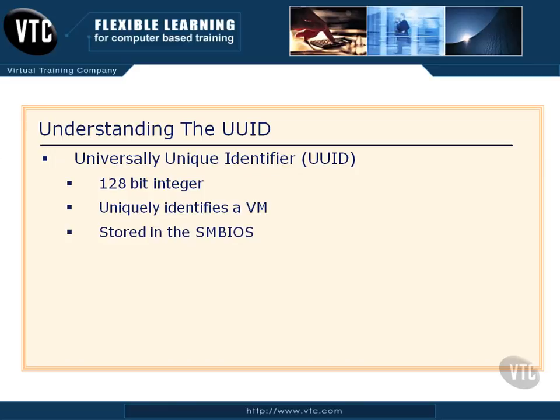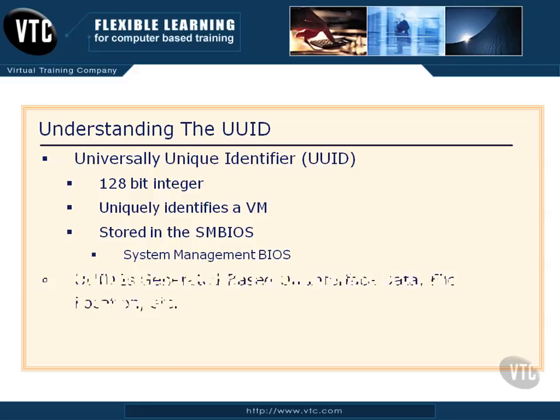Now, this unique identifier is stored in the SM BIOS. In English, that means System Management BIOS. And if you want to nerd out and dig into some interesting reading, even regular Windows machines, almost any kind of computer, has a UUID somewhere being hidden, and that is how it is actually identified.